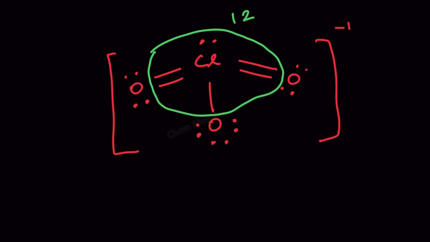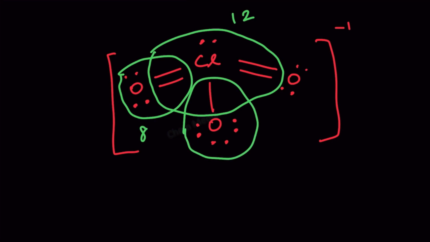Just like sulfur and phosphorus, chlorine can also adopt an extended octet configuration. The oxygen atoms still obey the octet configuration, but the chlorine atom can adopt an extended octet configuration. Therefore, having a structure like this is totally valid.